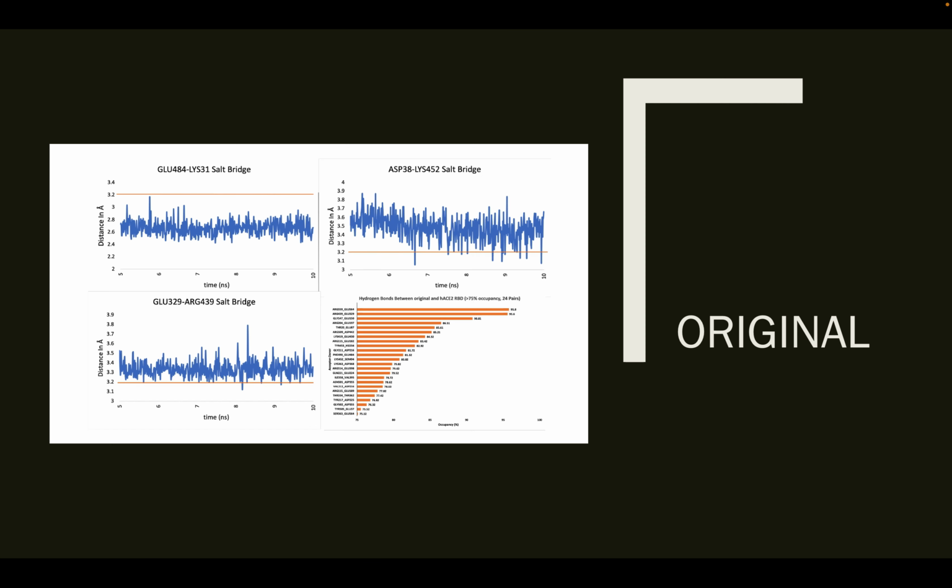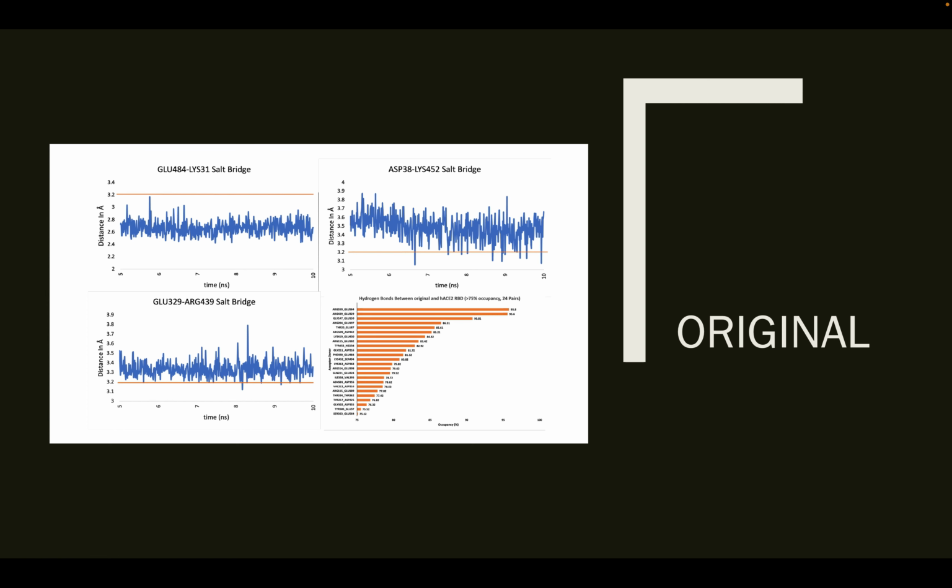And here are the results of our research, and this is for the original variant. We have a bar chart representing the hydrogen bonds in all the variants, and here are the hydrogen bonds with their respective occupancies. Original has a hydrogen bond with highest occupancy of 95.8%, and it has three salt bridges with a standard line at distance 3.2 angstroms, which is used to evaluate the strength of a salt bridge.